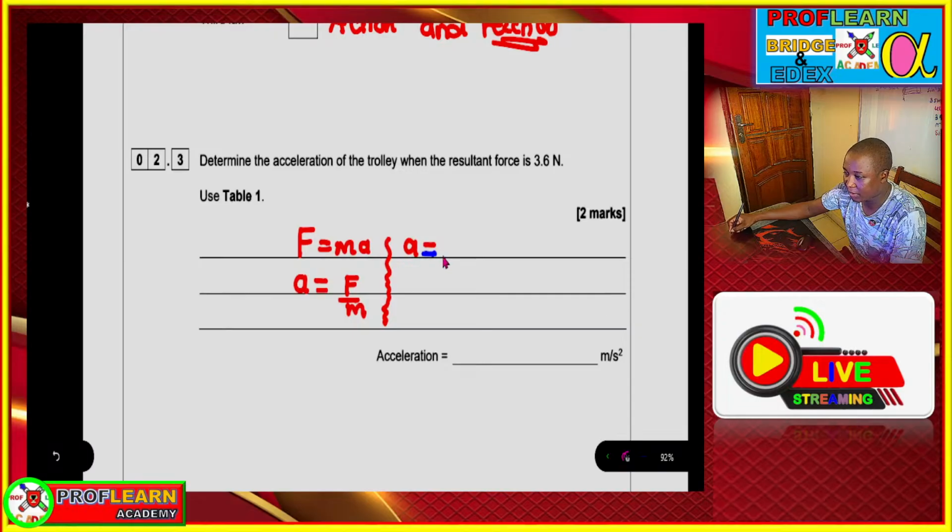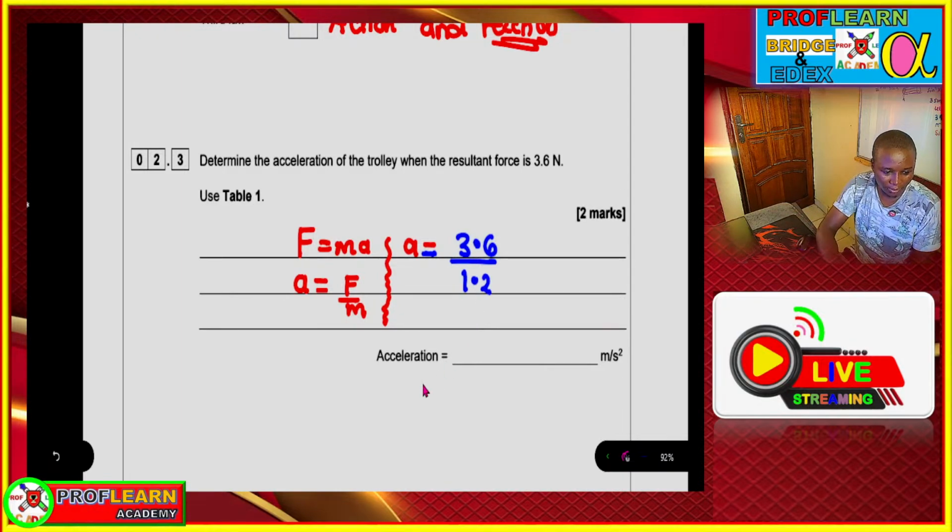We are going to say acceleration is equal to force, which is 3.6, divided by 1.2. And if you put it in the calculator, what is this going to be?